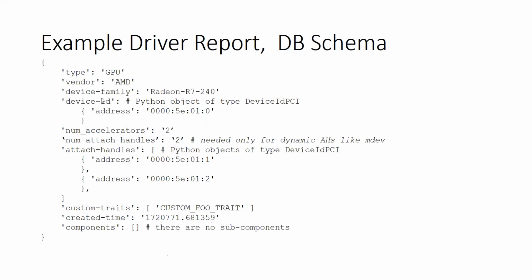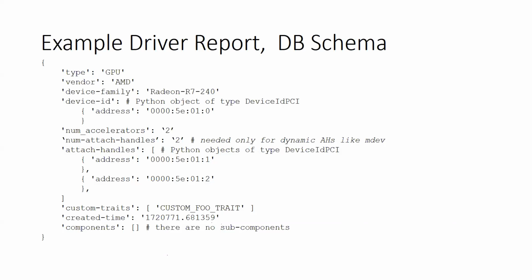We say who the vendor is, the device family. The device family can be used to create a trait. So this top level corresponds to resource provider, and we got enough information to create traits from this one. But the device ID, like I said, is a Python object.